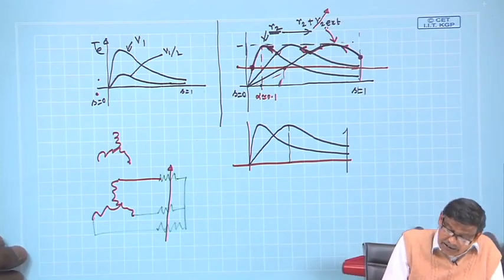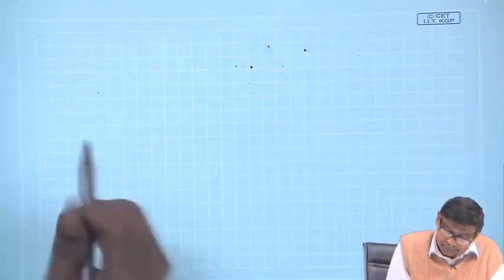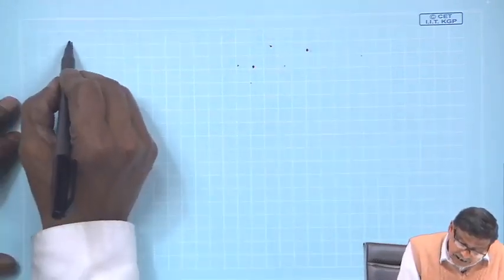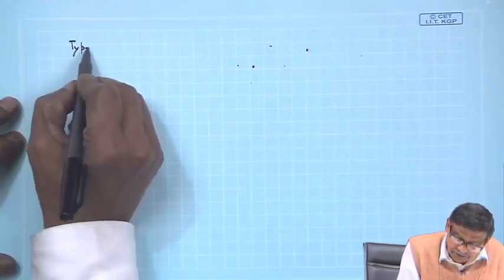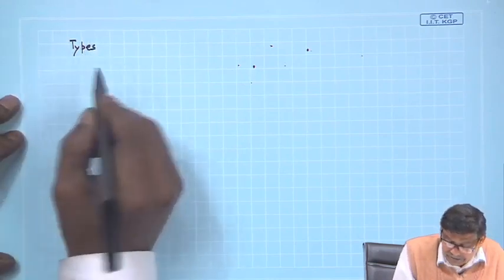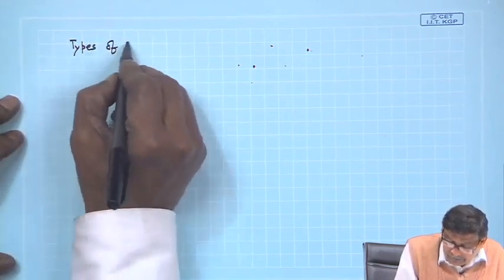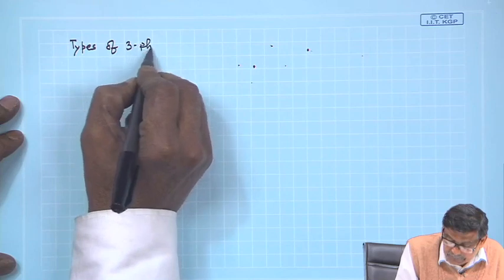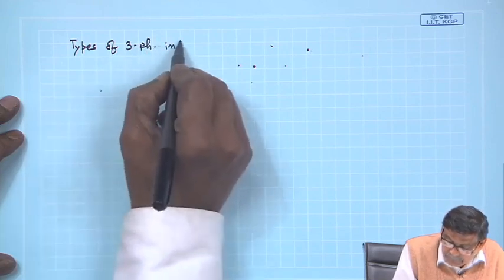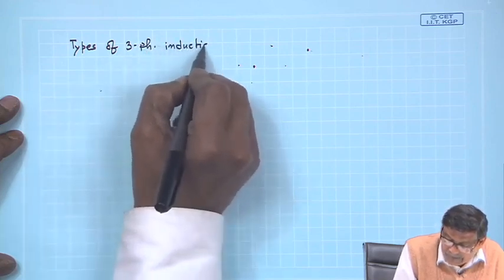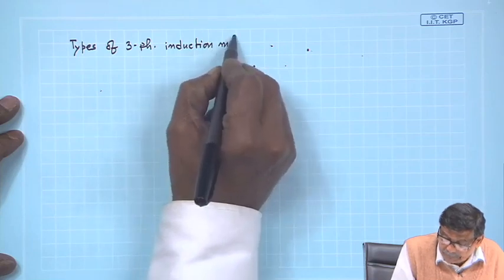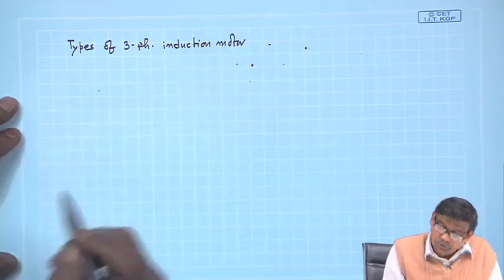Now, what I will tell is types of induction motor. It is at this stage I am introducing it, so that you can understand types of 3 phase induction motor. There are actually 2 types.